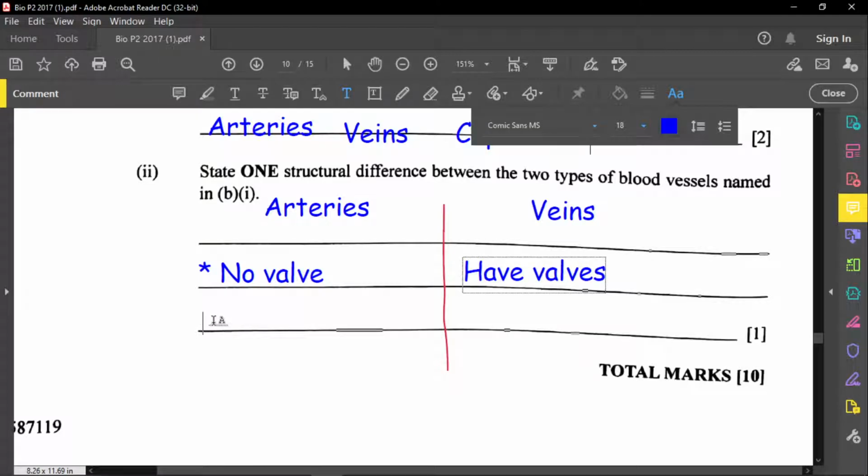The next difference, comparing the same thing: arteries have a narrow lumen, and the lumen in veins will be wider. So veins have a wider lumen. Another difference, I'm just giving the differences so you can at least know them: arteries have a thicker wall.